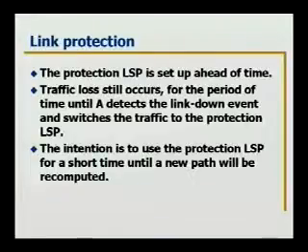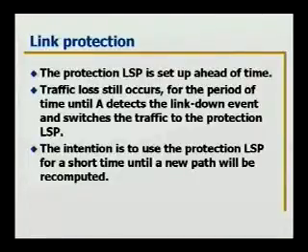So let's see what we've seen so far. So far we've seen the example of a link protection. We were protecting the link AB. First of all, please note that the protection LSP was set up ahead of time.